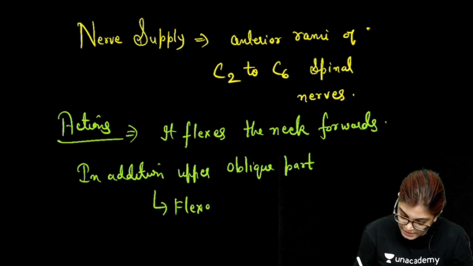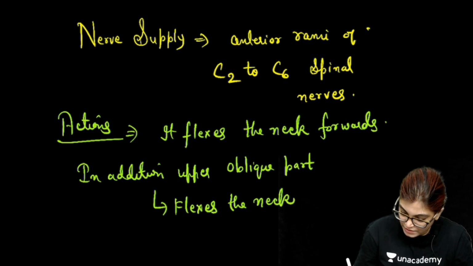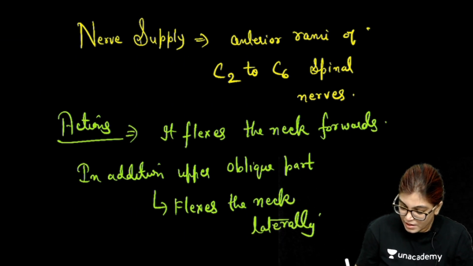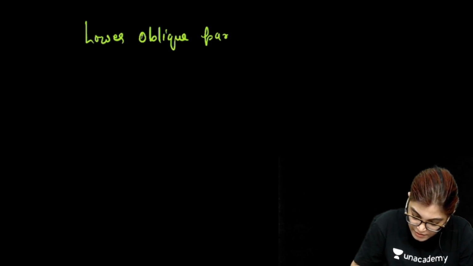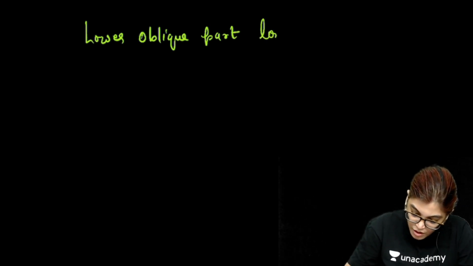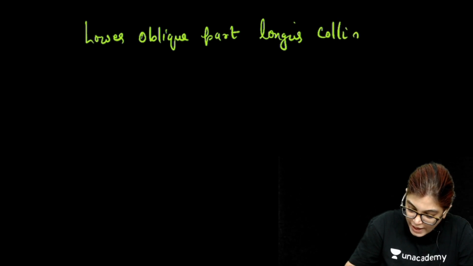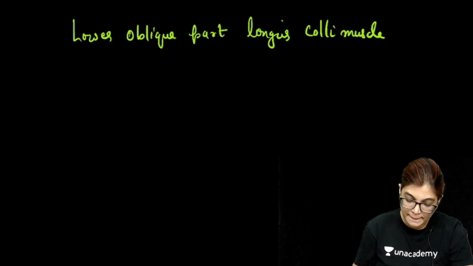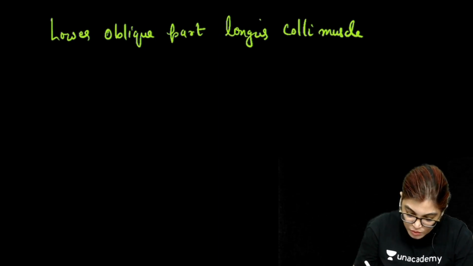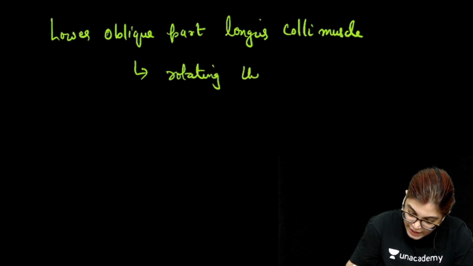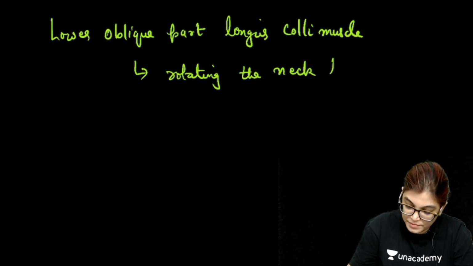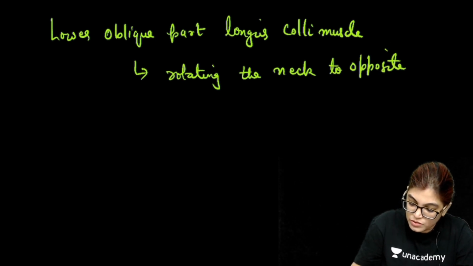And in addition, if we talk about the lower oblique part of the longus coli muscle, it also rotates the neck to the opposite side.